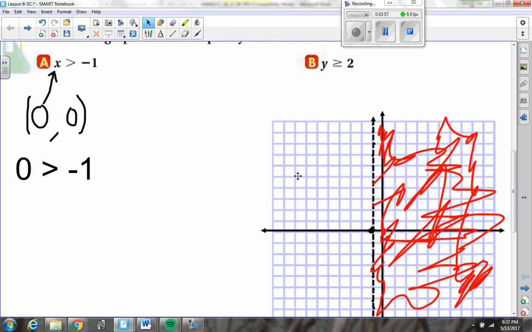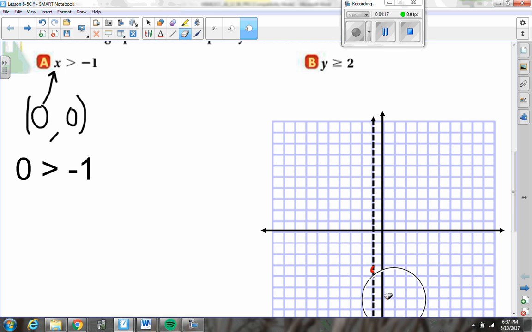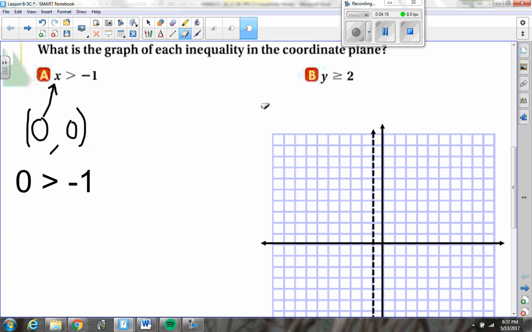So that's what it looks like when we have x greater than or less than a number. We make a vertical line at that x-coordinate, and then we graph either to the right if it's greater or to the left if it's less. Now let's look at the second example. It says y is greater than or equal to +2.